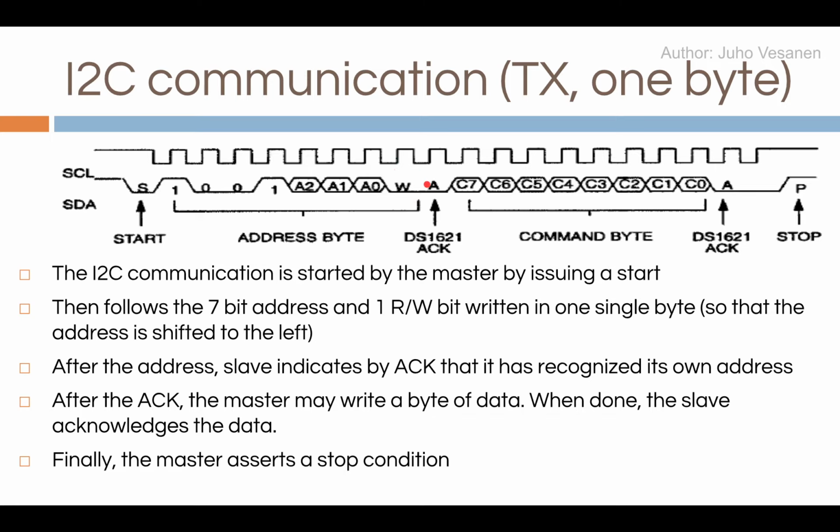This acknowledgement means that if there is a device with this address, during the next clock cycle, or before the next clock cycle, that device must pull down the data line, basically asserting the acknowledgement.